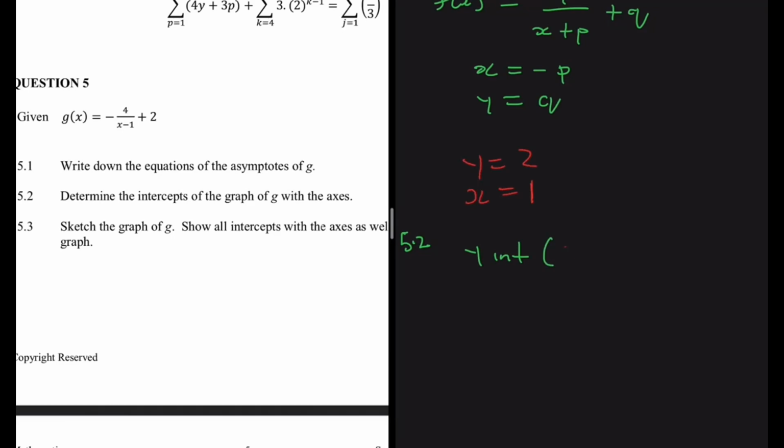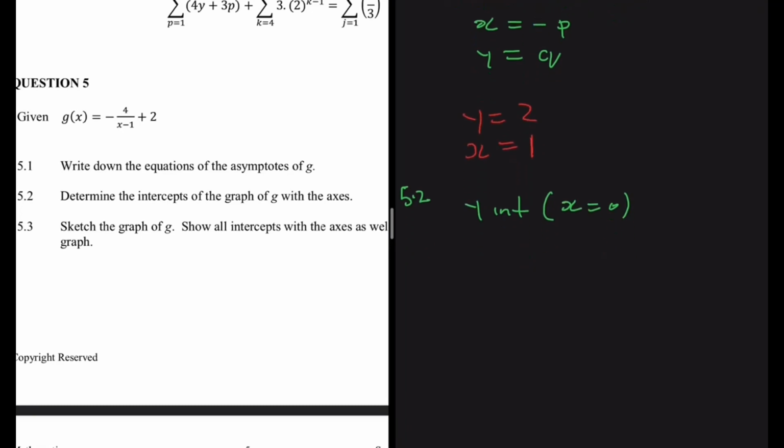We know fully well that for the y-intercept, x is equal to 0, right? So we take our equation g of x and let x be equal to 0, and we solve for y, right? So y will be equal to minus 4 divided by x minus 1. In place of x, we put 0 because we want the y-intercept.